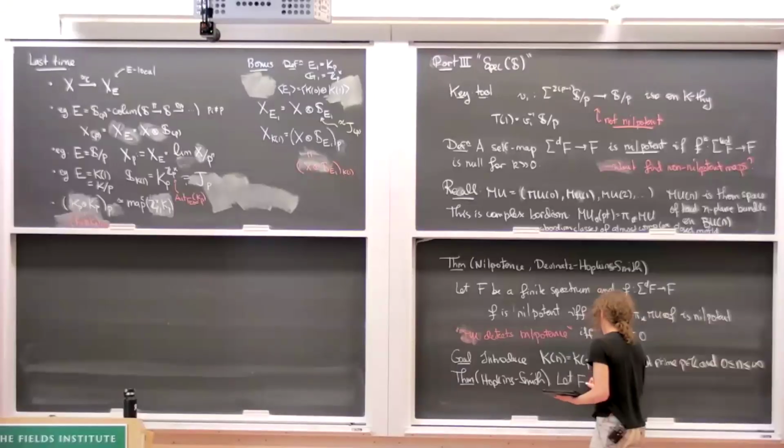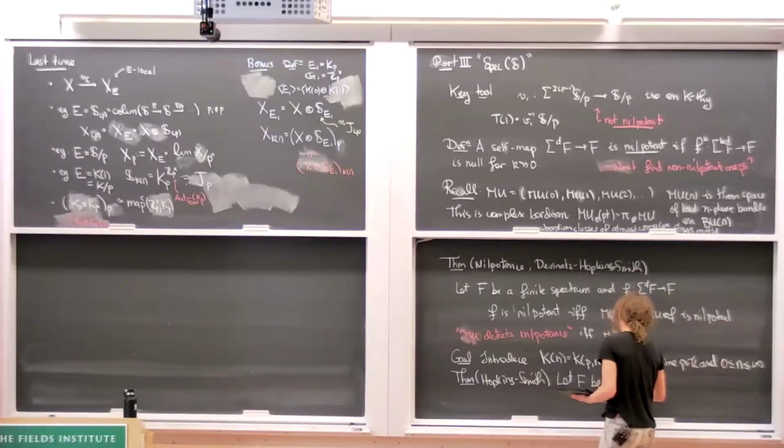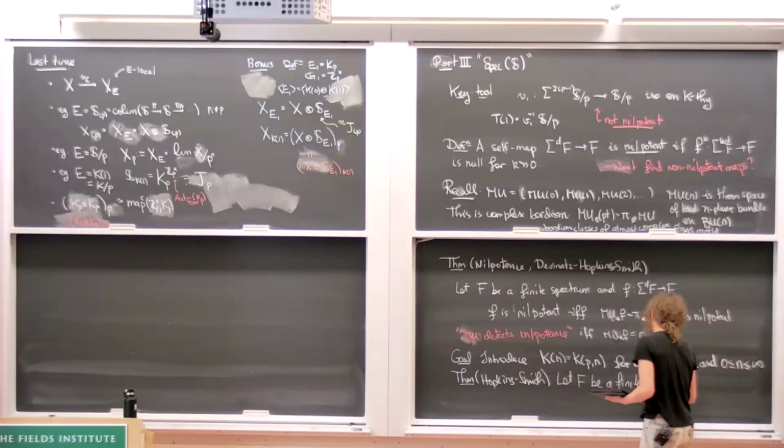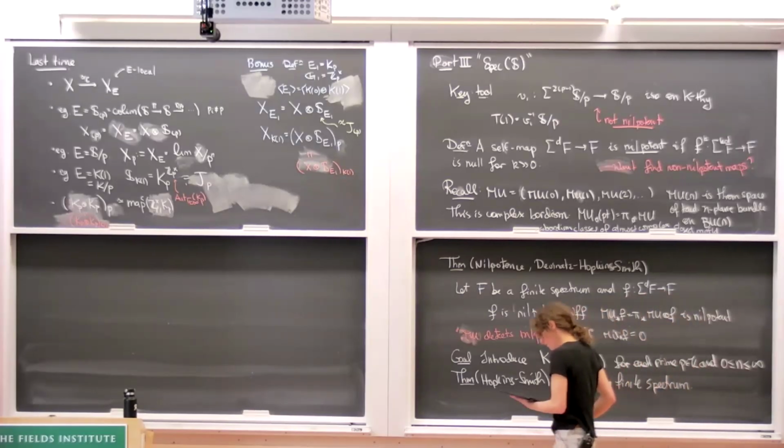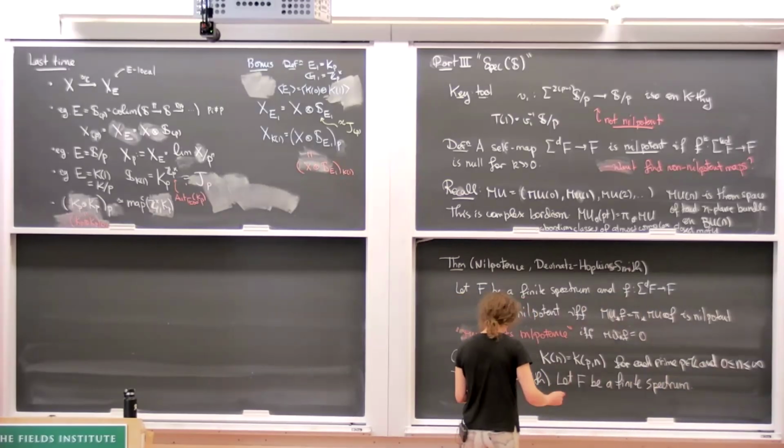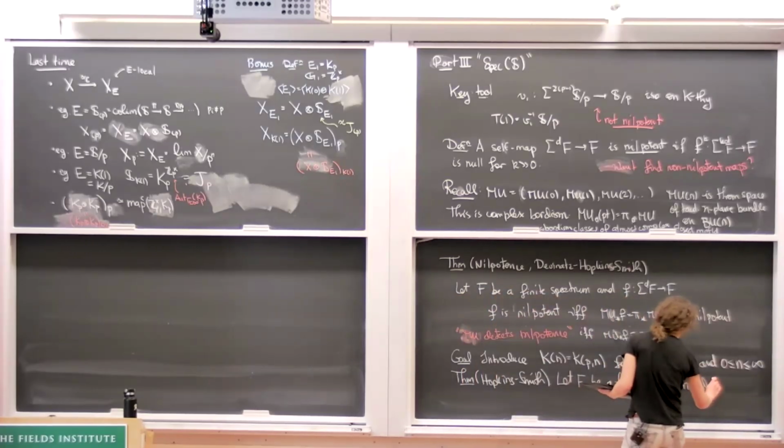Okay, let F be a finite spectrum, and f be a self map.